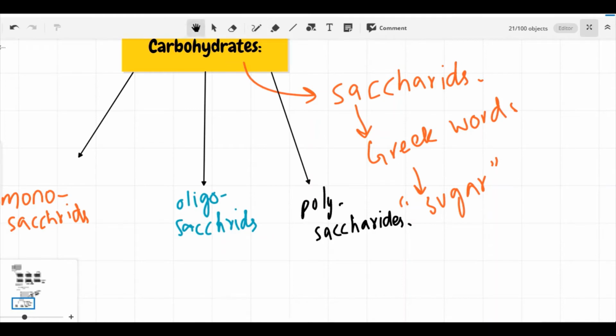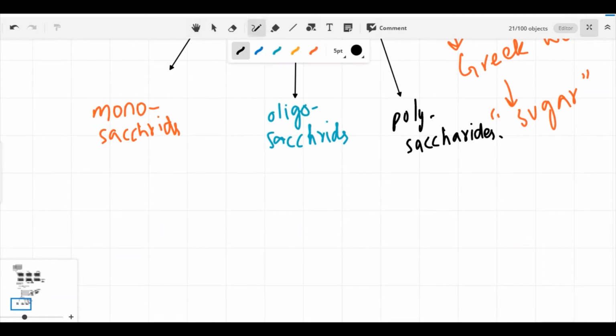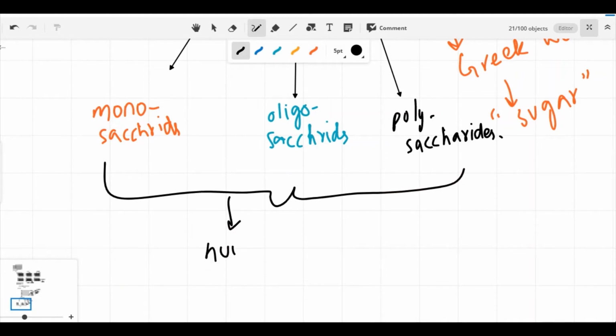These are the three major groups of carbohydrates, and these groups are classified based on the number of sugar units.